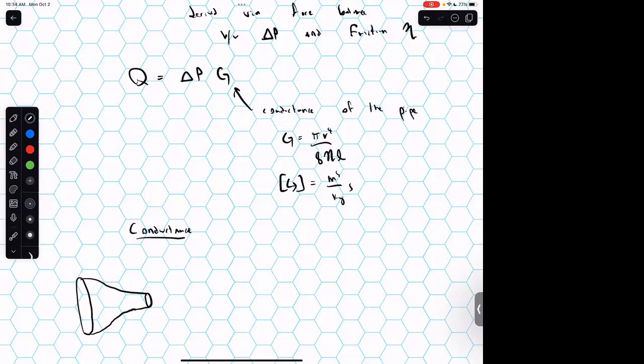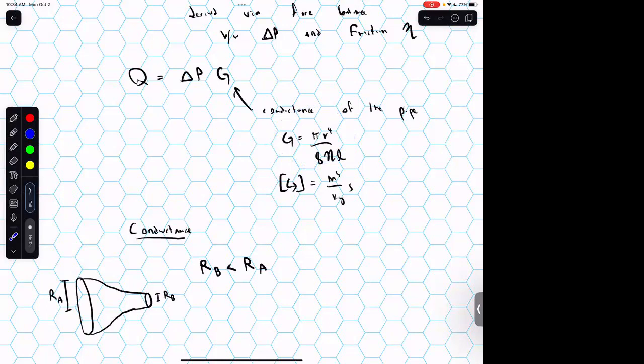And let's say that the pipe has some initial radius, I'll call that RA, but then at the constriction, it has some new radius RB. And we're going to say that RB is less than RA. So the idea of conductance gives me some intuition for what I expect to happen inside my pipe, which is that I know from up here that G goes as R to the fourth.